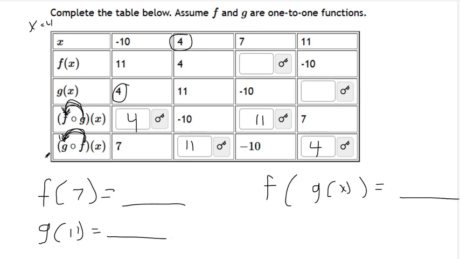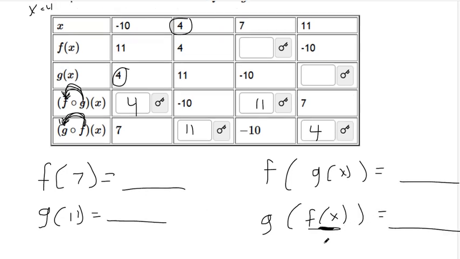So the only way we could possibly get that is by using this column, because this would result in g for the outer function. We need g of f of x to equal blank, so we want to have 11 in here. So look where f of x equals 11, that's right here. So that only happens when x equals -10.